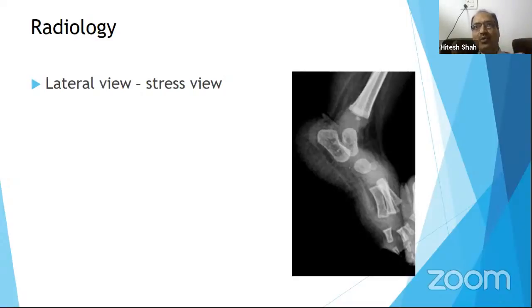If you want to rule out vertical talus versus oblique talus, the most important X-ray is the plantar flexion lateral stress view.